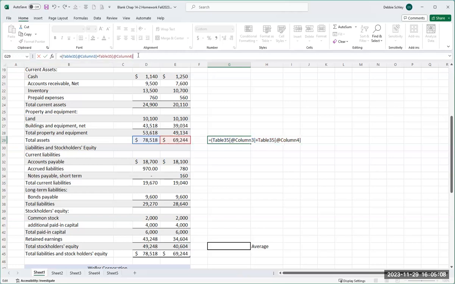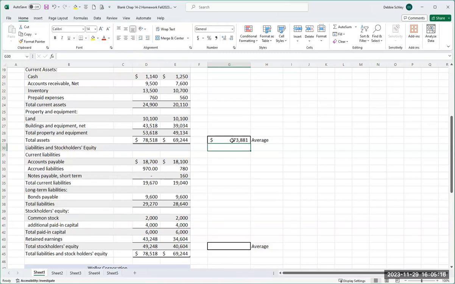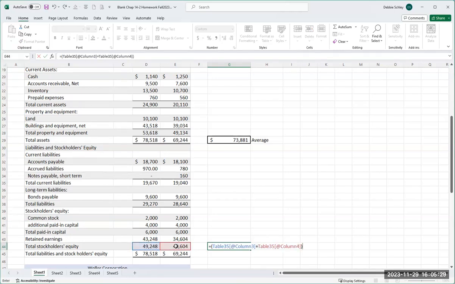So make sure those are in parentheses, divided by 2. And that gives me average total assets, and then average total stockholders' equity equals parentheses this year plus last year, close parentheses, divide by 2.